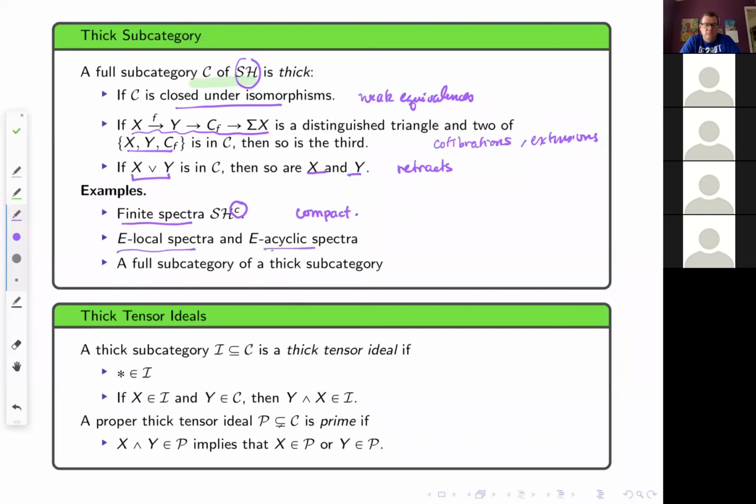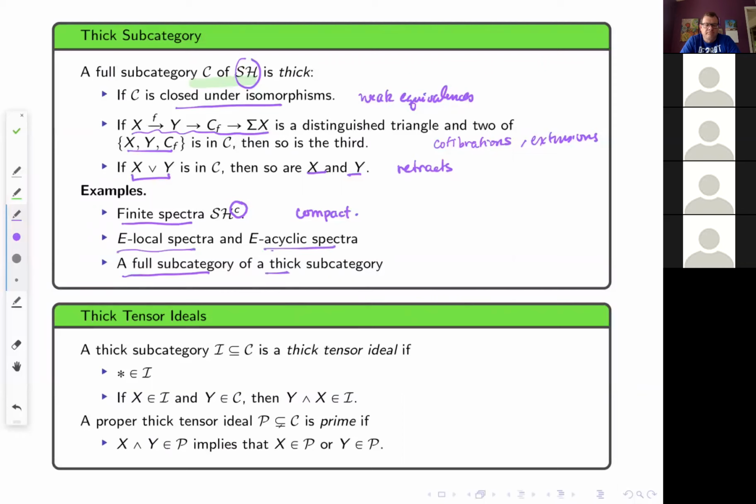E-local spectra and E-acyclic spectra are thick. Checking this, you can just think about it. This is a good exercise. And if you have a full subcategory of a thick subcategory, then you're going to be thick. So that's the definition of thick subcategory. It's closed under enough of the operations that you're interested in.